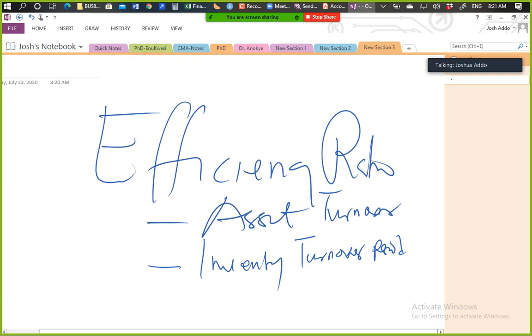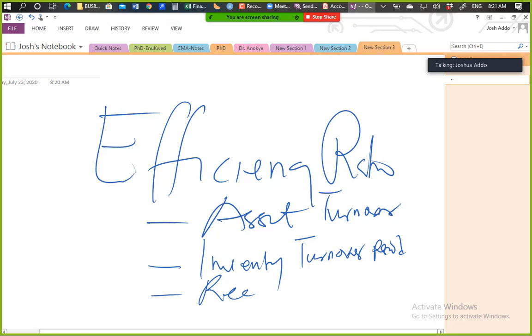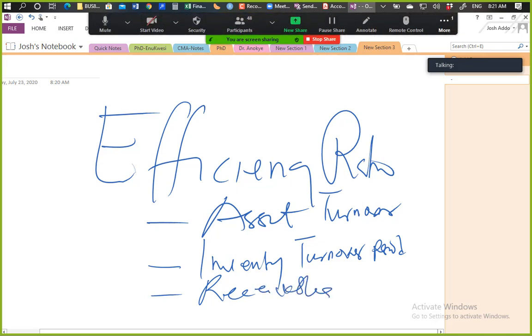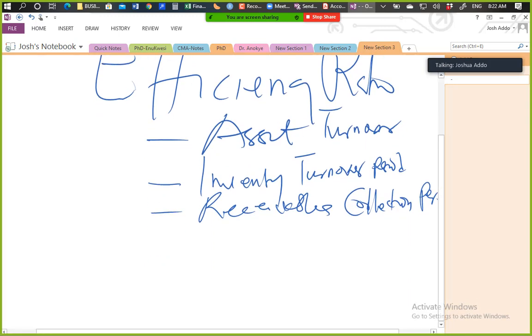We will also be talking about receivables, which is also a current asset, more specifically trade receivables collection period. And then we will also be talking about trade payables payment period.